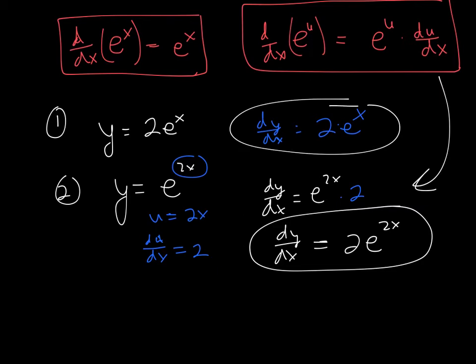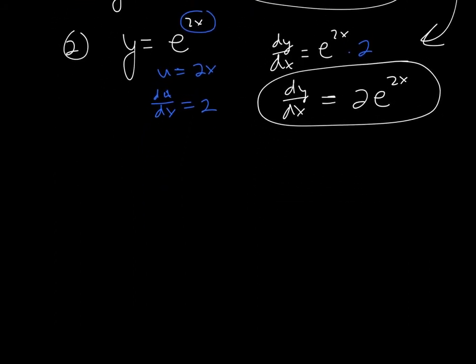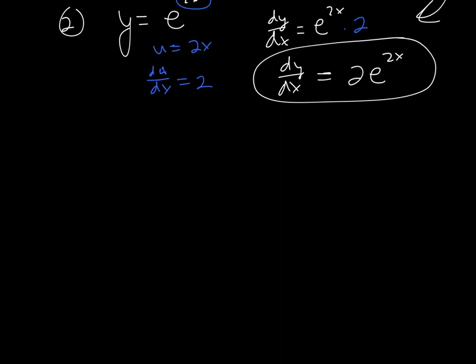Okay, so that would be a pretty basic example where I have a power something other than x. Let's keep going. So let's suppose my function is e to the negative x over 4.